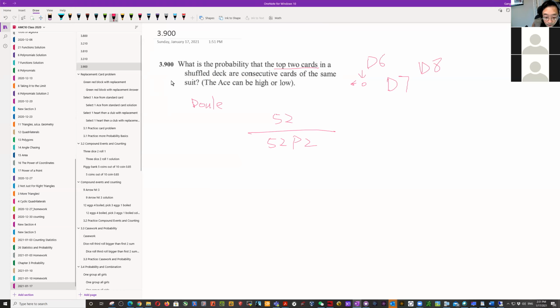Either way, I can do the 2. So if this is the way, 52 permute 2 is going to be 52 multiply 51, and 52 multiply 2, that's going to be 2 out of 51.